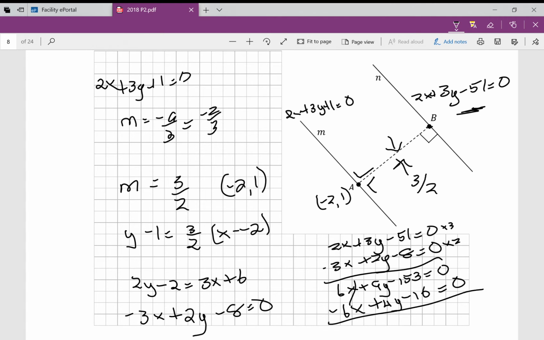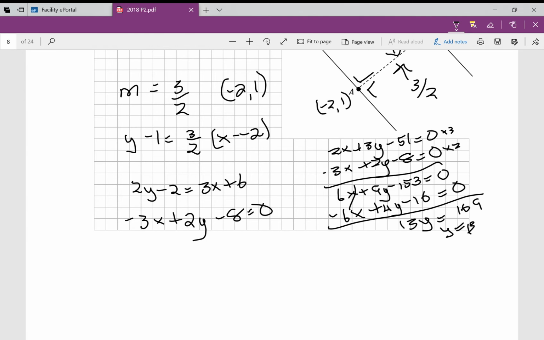The x's cancel, so you'll get 13y equals 169. So that means y is equal to 13. Then go back and find your x. So it's 2x plus 3y minus 51 equals 0.